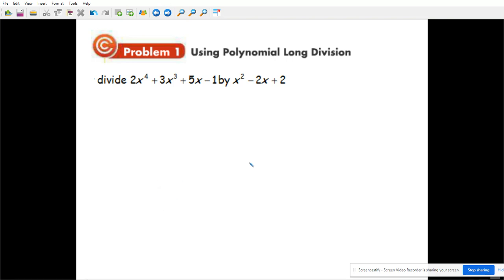Okay, so for polynomial long division, it's somewhat like that, but again, we got to make sure we know how to set this up. Okay, so I'm actually going to start with an easier problem just to show you, which would be x plus 5, and I want to divide x squared plus 13x plus 40. So I want to divide these two polynomials. So here's how I do this.